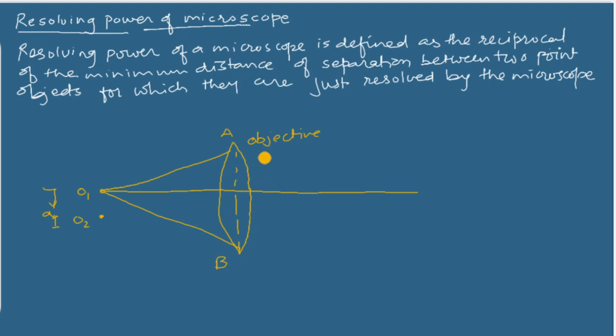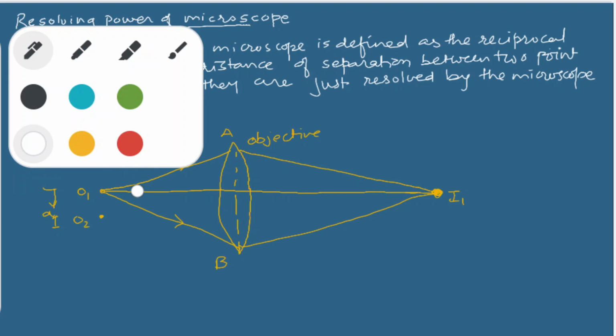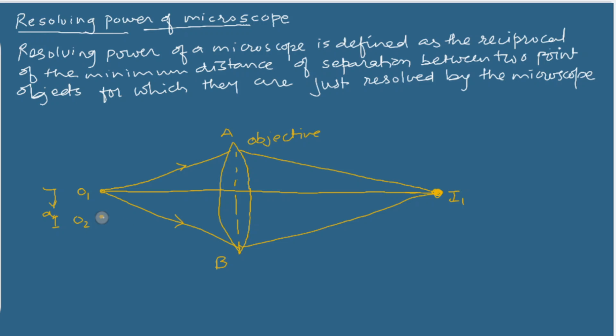Now when these two rays pass through the objective, they will meet here, and we get the image I1 of the first object. Now from the second object O2, another set of rays will be drawn, from the center and from the extreme points.